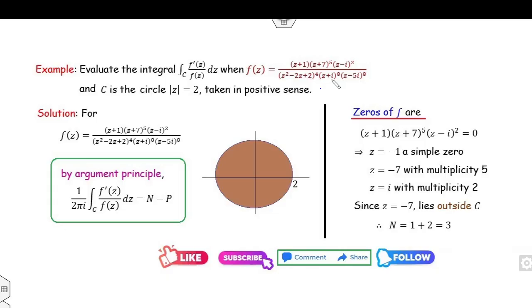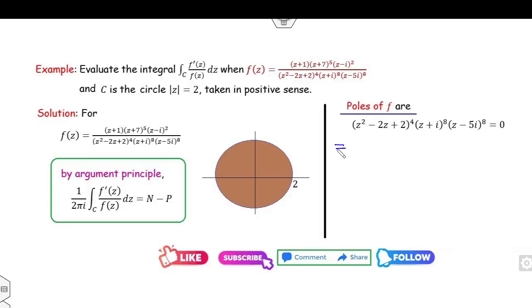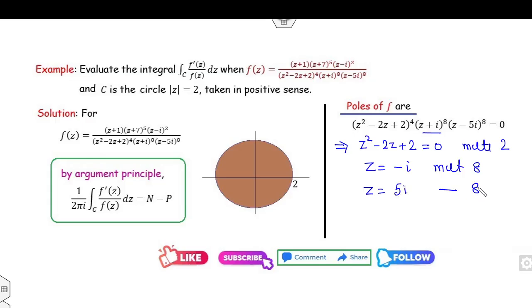Can you find the poles? I can substitute the denominator part equal to 0. This implies z square minus 2z plus 2 is equal to 0 with multiplicity 2. What is the answer of this? It's minus iota with multiplicity 8, and z is equal to 5 iota with multiplicity 8.